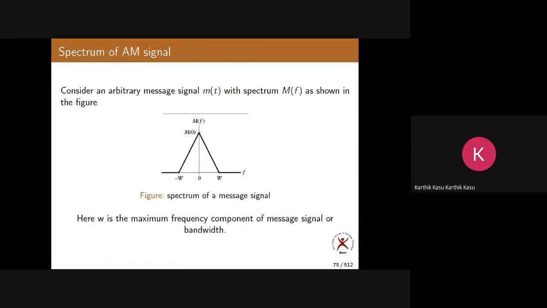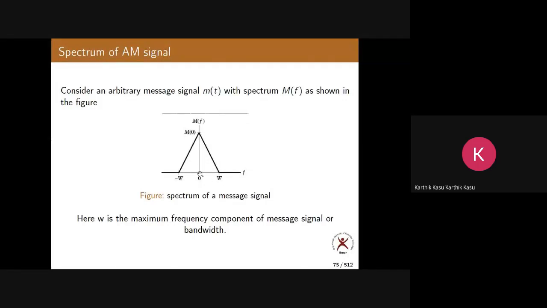But if I say minus 10 kilohertz or minus 10 hertz, it doesn't make any sense. So negative frequencies do not make any sense. We write them just because my spectrum has to be symmetric. So never consider negative frequencies. We write them for the sake of mathematical symmetry. Is it clear? So always take 0 to W.